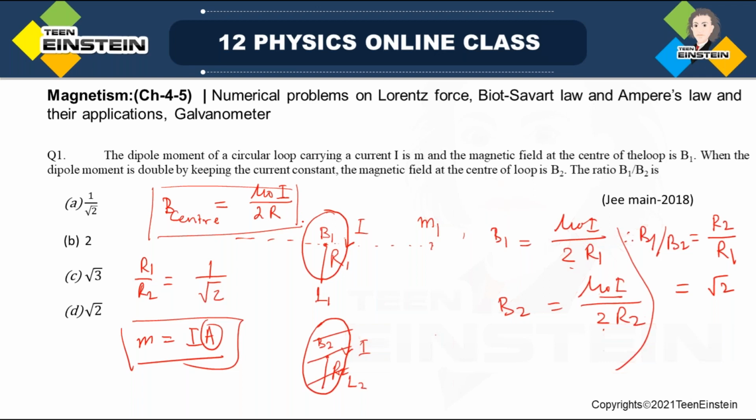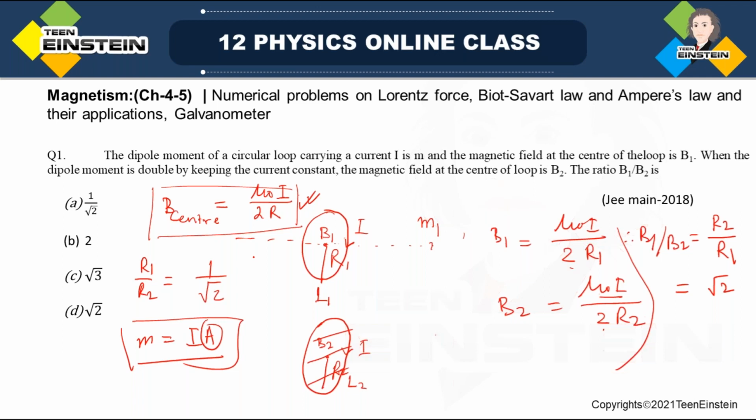It is also important to remember, or at least be able to write, the formula for the magnetic field at the center of a circular loop. Otherwise it will be difficult to derive and solve, and it will take a little more time. So better to keep this and the definition of magnetic moment in mind. That will help you solve it in a very short time. Okay, we'll go to the next problem.